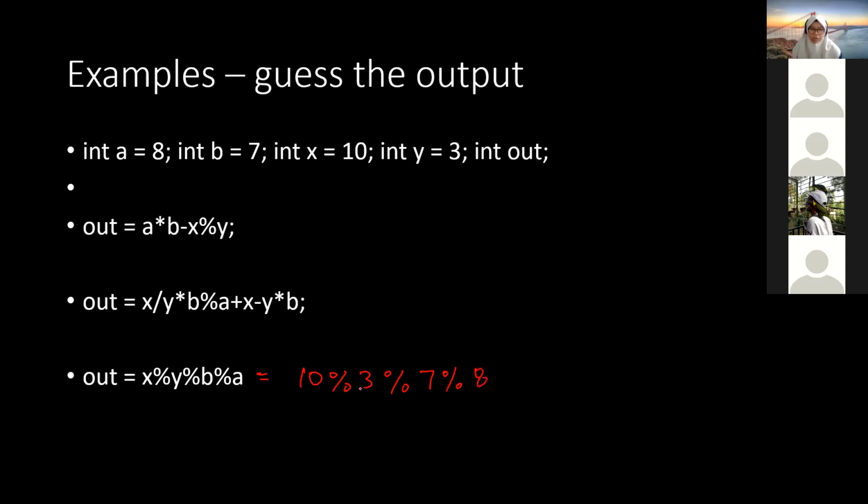Since they are of the same order, you need to evaluate from left to right. 10 modulus 3 is 1. Then 1 modulus 7 is 1. Then 1 modulus 8 is 1.